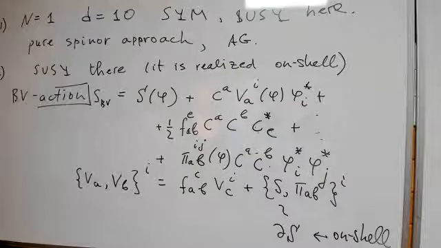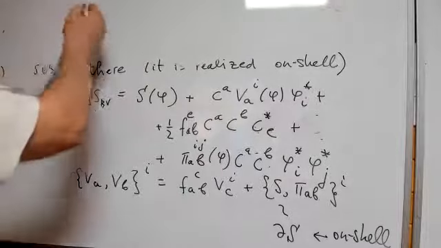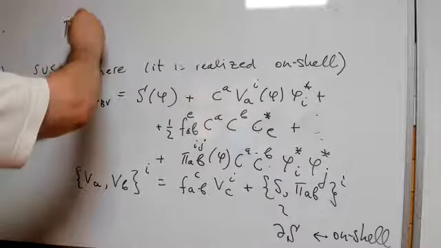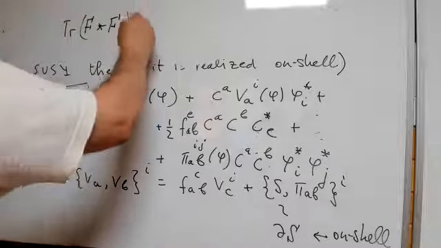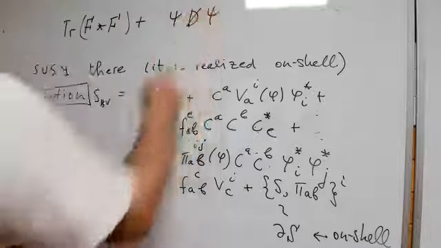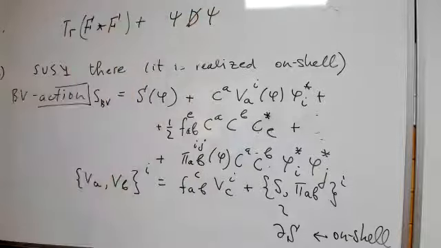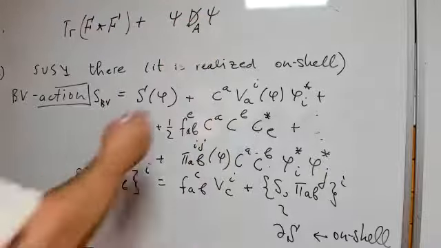And it is known, so people constructed such an action. And this action is F squared plus gauge fermion called gaugino.